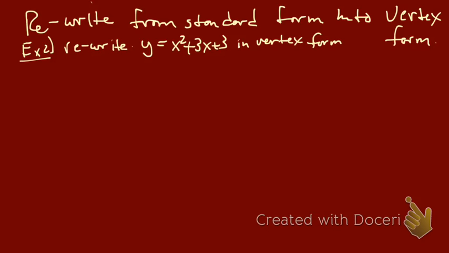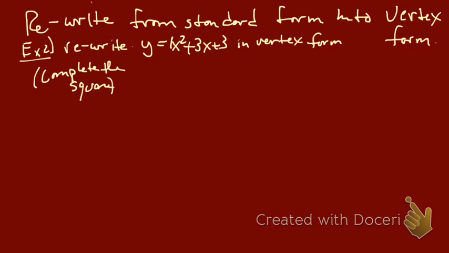Alright, well, what we're going to do is complete the square. Now, there's a couple ways of doing this. I'm going to try to make this very, very similar to the process we used when we were solving by completing the square. And if you remember, the first step is to make sure your leading coefficient is 1.